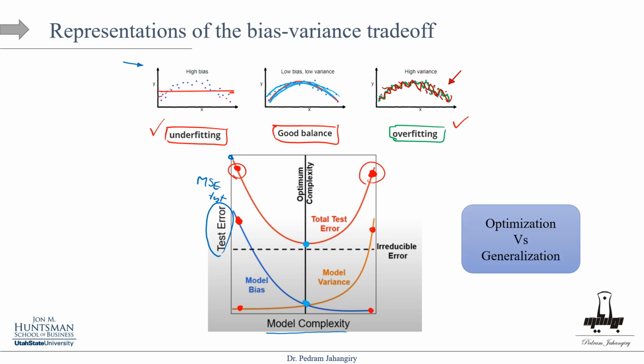Another concept that I want you to be aware of, very similar to the bias-variance trade-off, is something we call optimization versus generalization, right? So your model should be able to optimize well in the train set and at the same time generalize well in the test set. So imagine we have something like this.